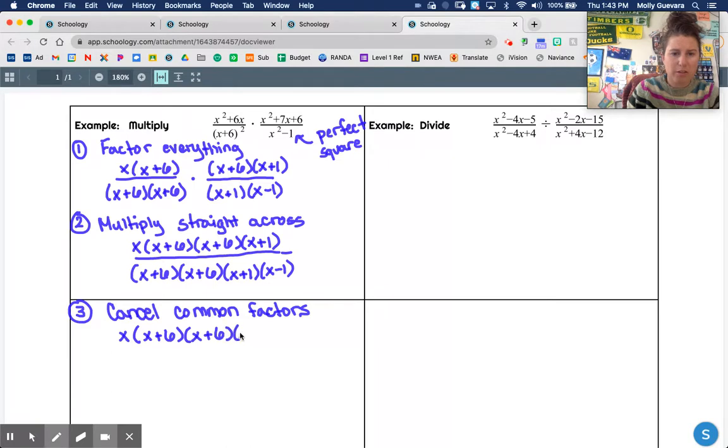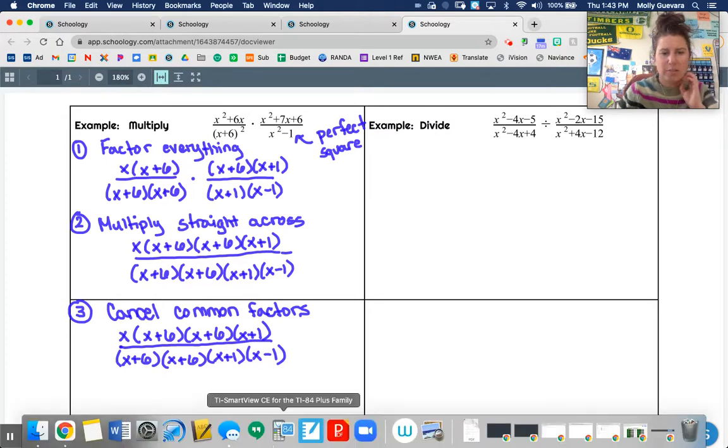Normally when you are doing this yourself, you do not have to rewrite it this many times. However, for the sake of notes, I like to make sure that I know what I'm doing on every single step, and each step is very clear. So I'm going to be rewriting it just to make it super clear.